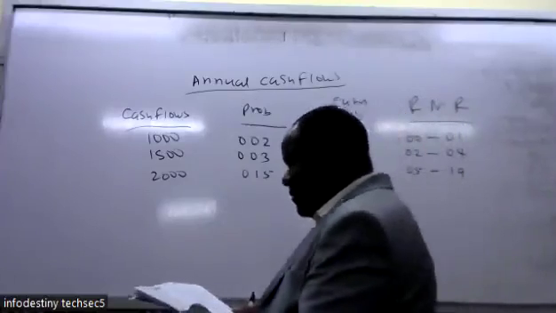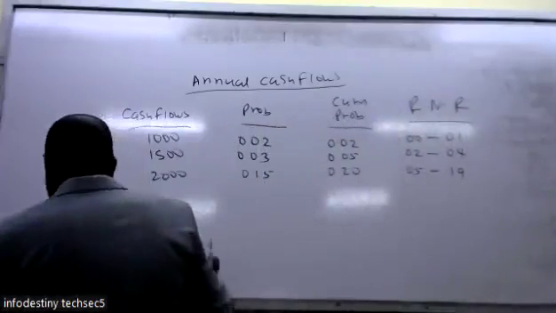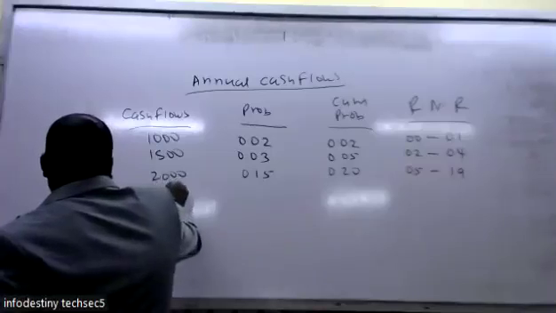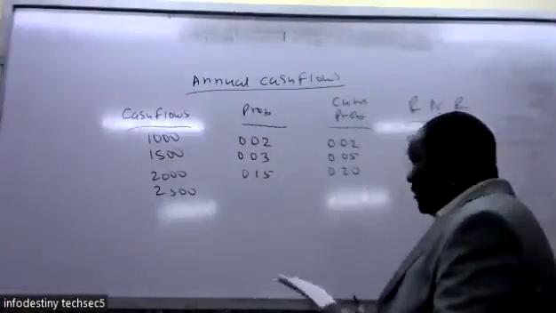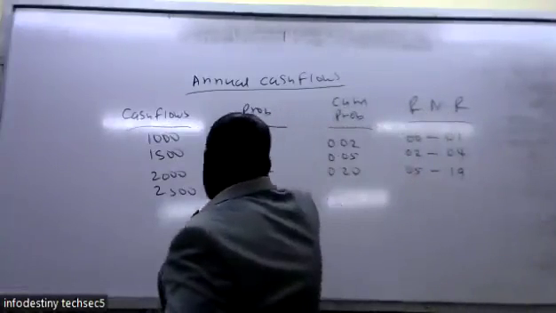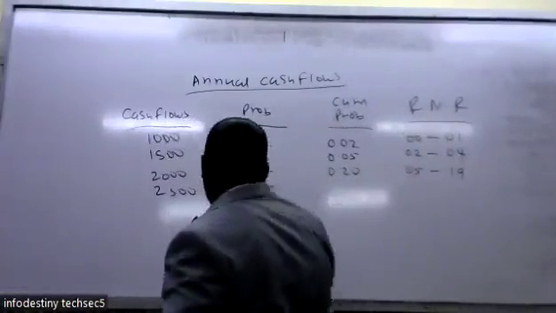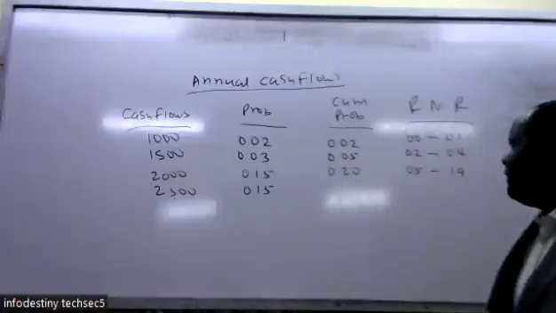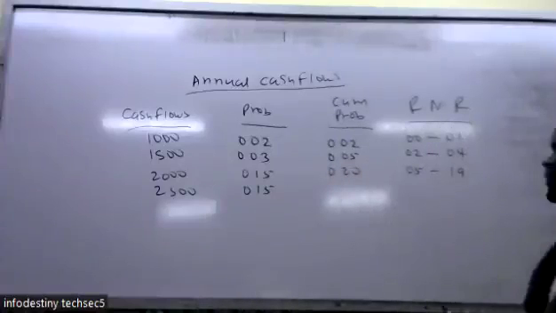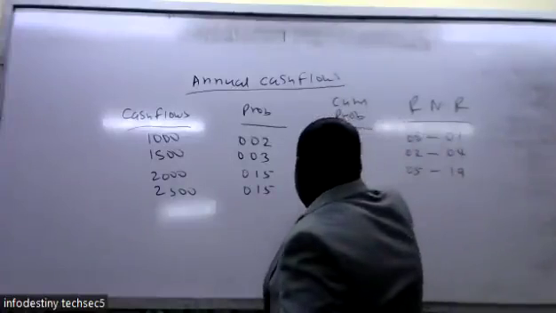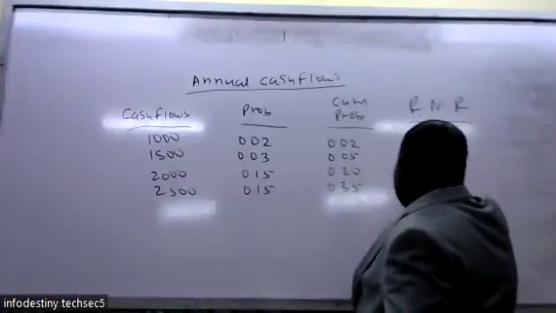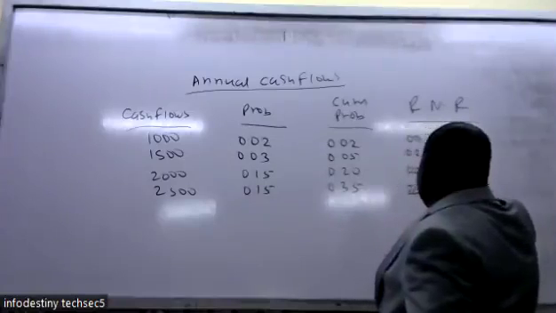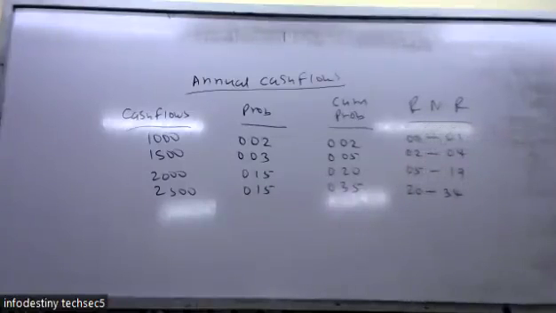The next one they have given us is 2,500. The probability is also 0.15. So cumulative will be 0.35. So the range now we start from 20 to 34.